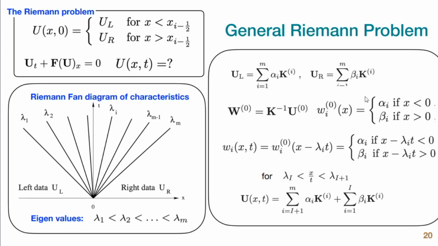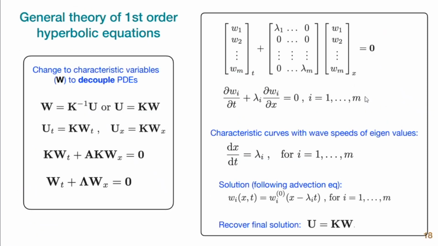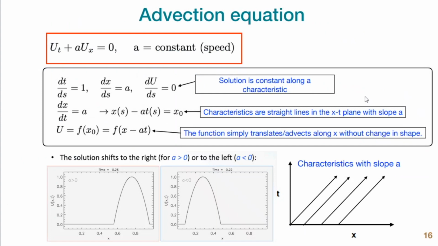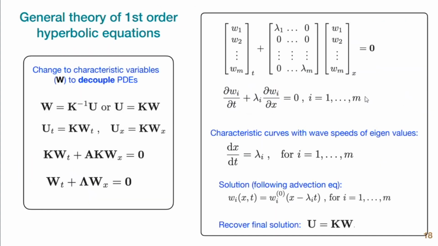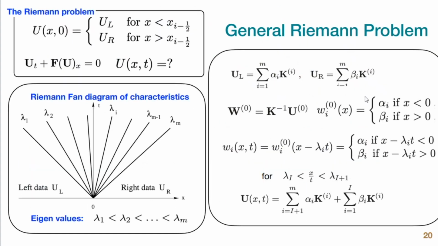Except for the question of what is the value? For example, the value here, you have to trace it back to its original location. So that is why x naught is equal to x minus lambda t. If I go back to the slide, this is why I wanted to show this slide. All right.